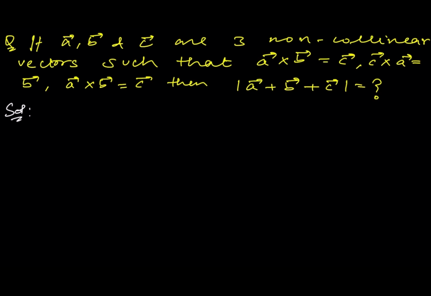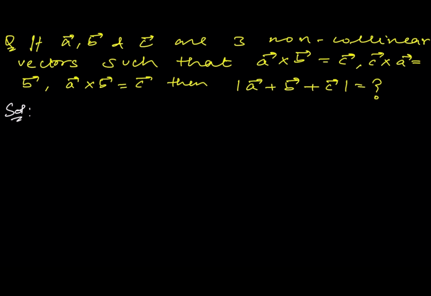We can say A vector, B vector and C vector are mutually perpendicular vectors, right? And also magnitude of each vector is unity. So we know this thing in advance.